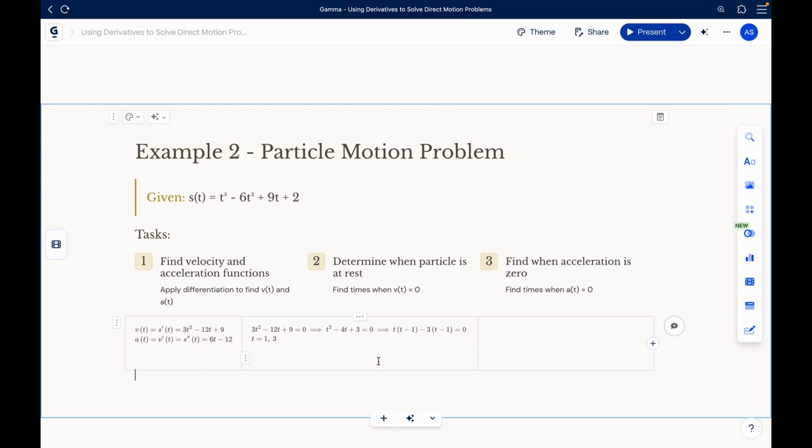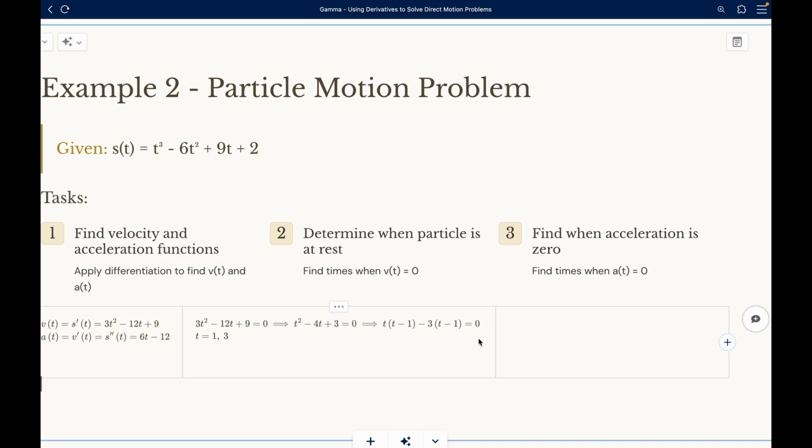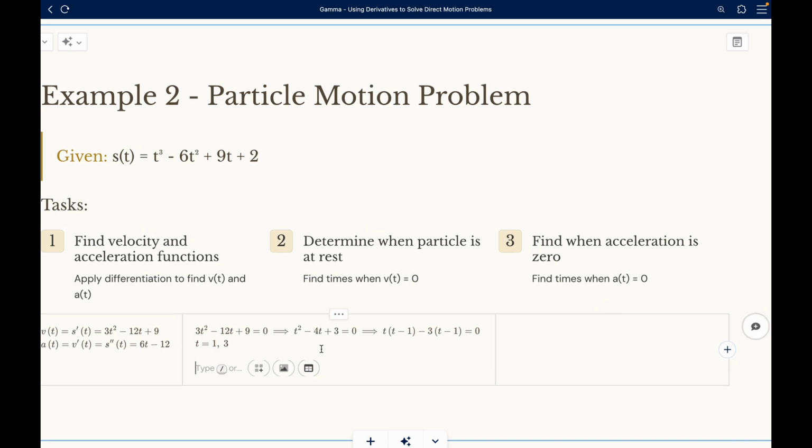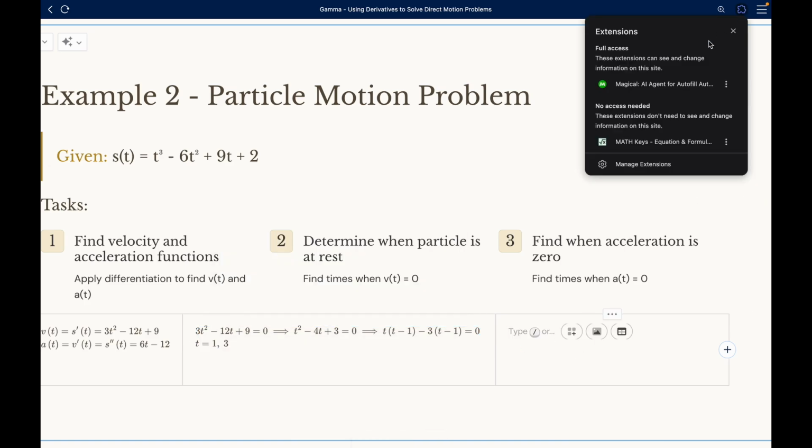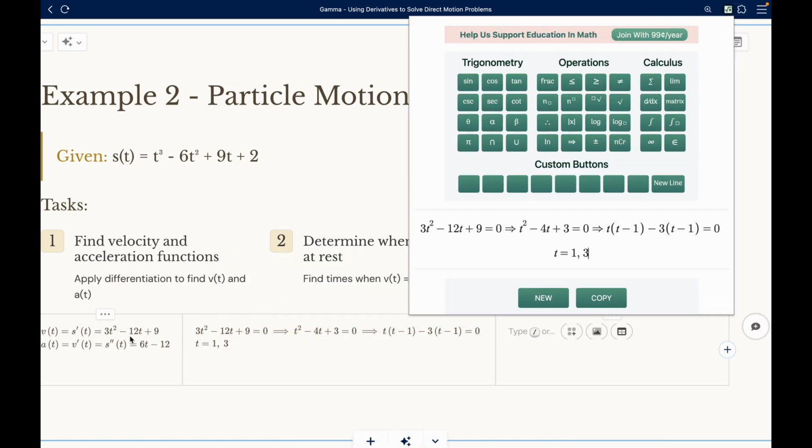Our third and final task is to figure out when acceleration is equal to 0. And I'm zooming in a little bit because the text is actually quite small over here. So acceleration is equal to 0 when our 6t minus 12 function is equal to 0.